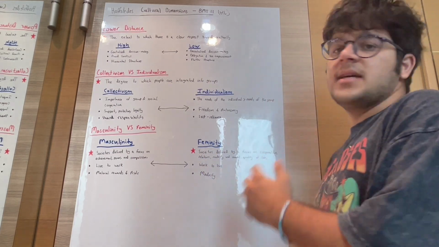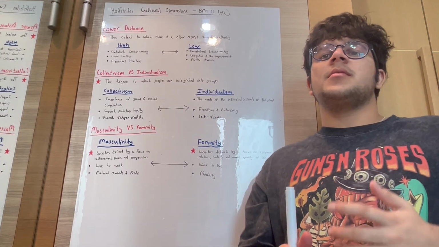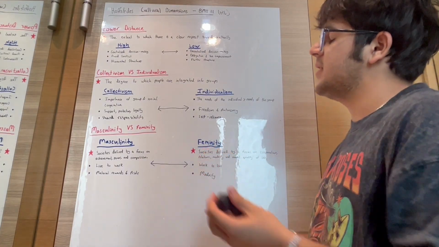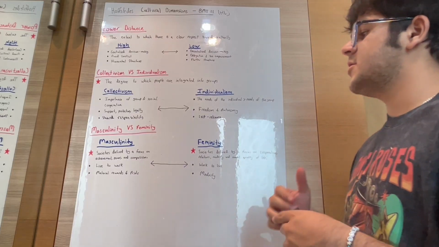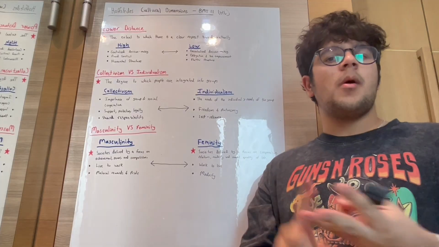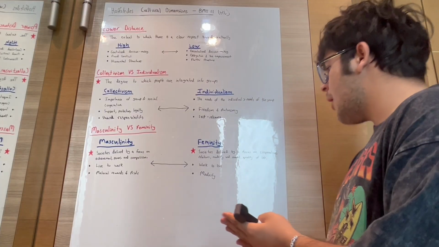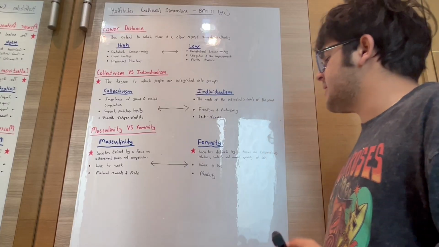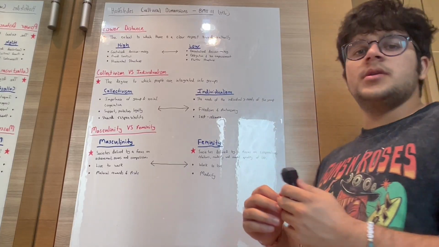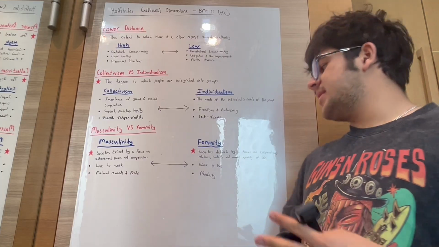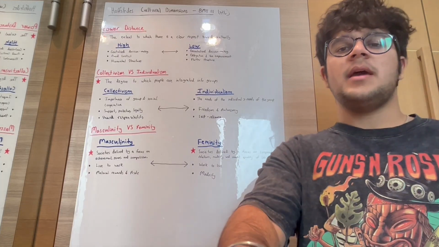In Hofstede's model, a masculine society is defined by a focus on achievement, power, competition, success. However, a femininity society is defined by a focus on cooperation, relations with others, modesty, and overall quality of life, okay?